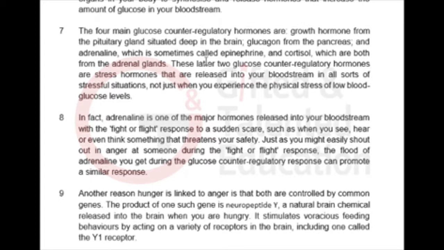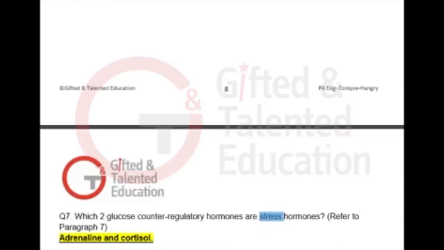So the latter two in the list refers to not the first one, not the second one, but the last two, which are adrenaline as well as cortisol. To answer the question, the names of the stress hormones are adrenaline and cortisol.